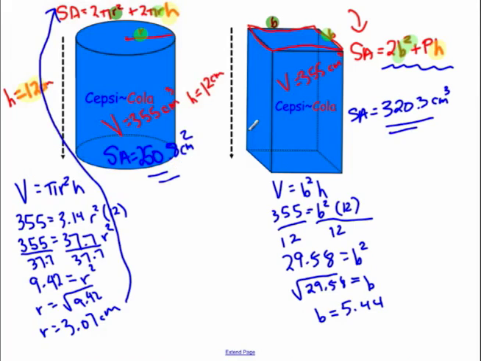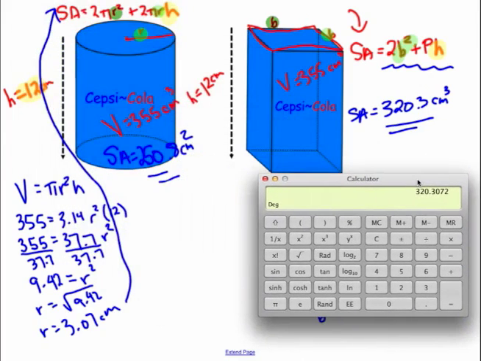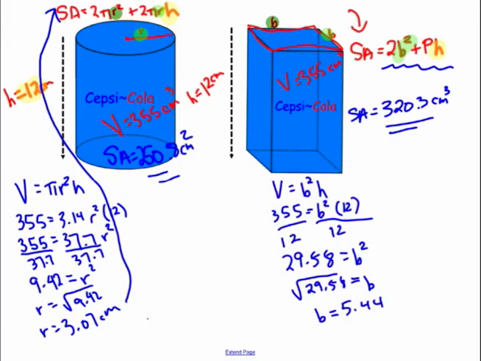If I subtract 250 from 320, there's a difference of 69.5 centimeters squared. So let's put that there: a difference of 69.5 centimeters squared on the can.